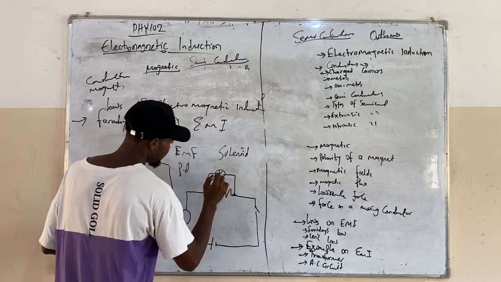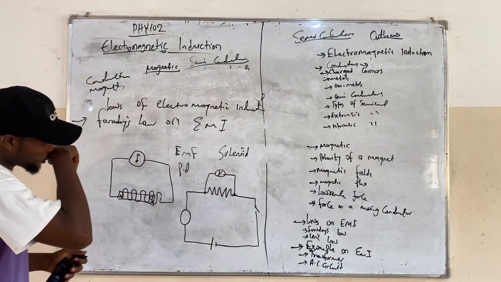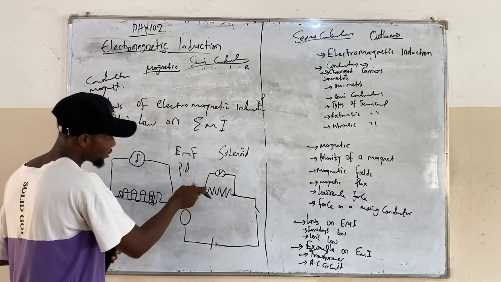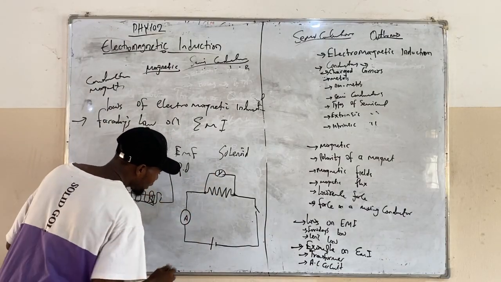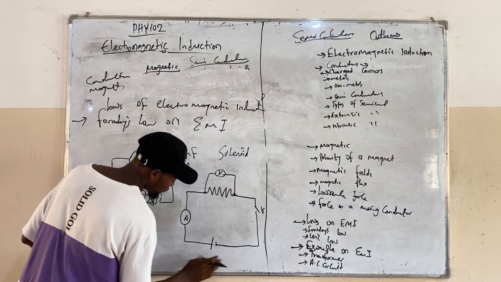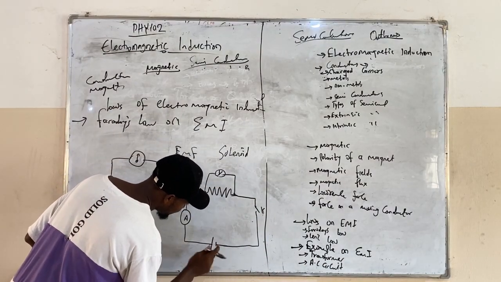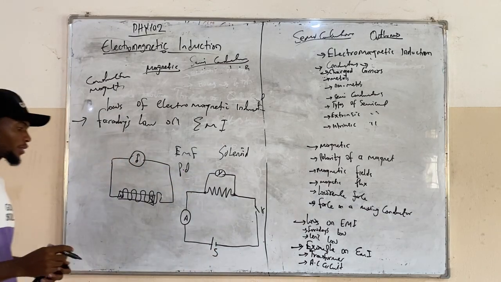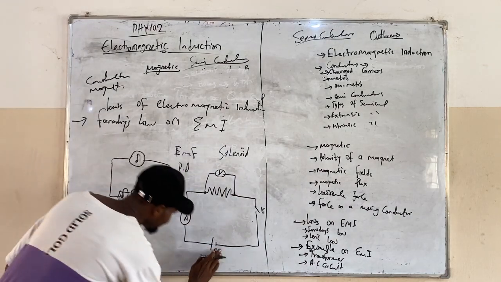This is our voltmeter, because normally the voltmeter usually lies parallel to the circuit. Then our ammeter now. Then here is our key, and of course this is the source of the EMF. This is the source of the current rather. So the source of the current, just put it like that. That's the battery.